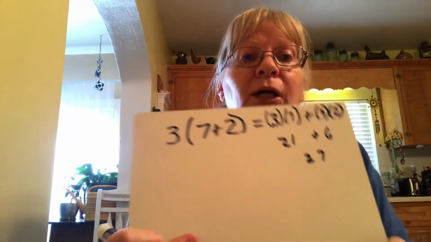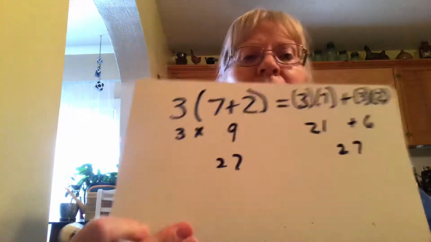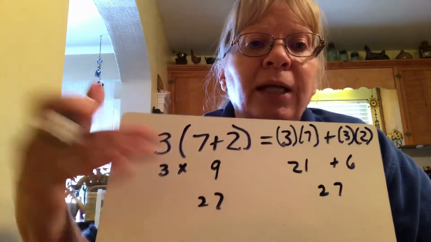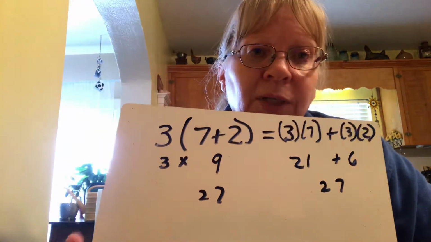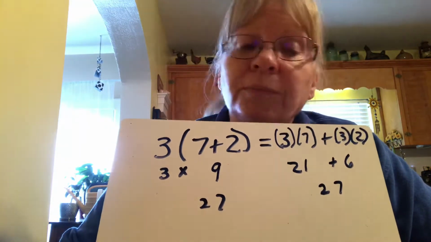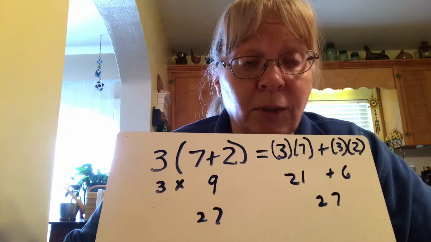Or if I had done 7 plus 2, that's 9, and 3 times 9 is 27. So all these rules say is that I can do it this way or I can do it this way. That's basically what they're trying to let you know, is there's more than one way to solve a problem.